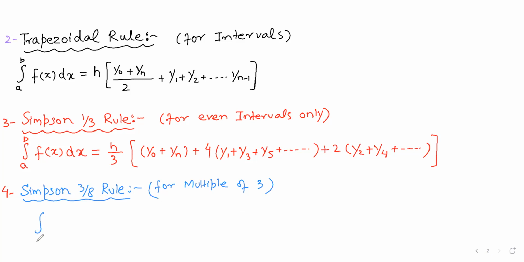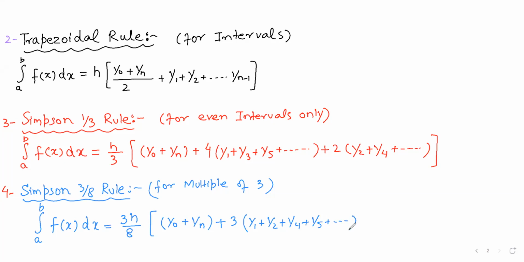The formula for the Simpson 3/8 rule is the integral from a to b of f(x) dx, given by 3h by 8 into (y0 plus yn), and then 3 into (y1 plus y2 plus y4 plus y5, the terms which are not multiples of 3), plus 2 into (y3 plus y6 plus y9 and so on).